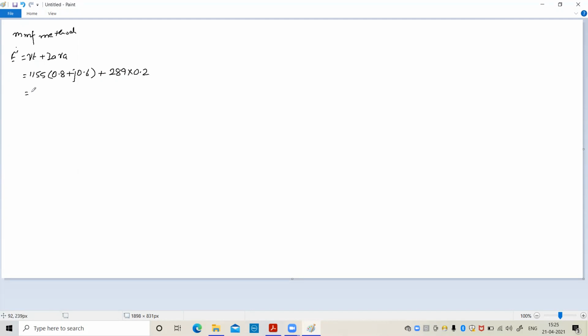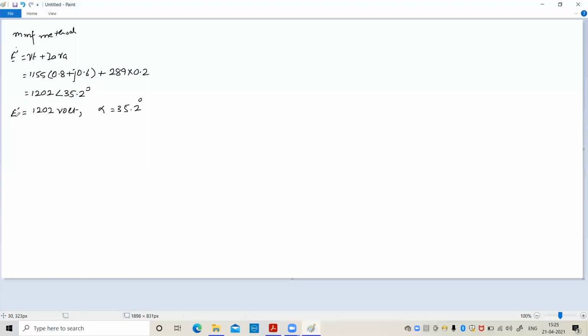So its magnitude and phase angle is 1202 volt at an angle of 35.2 degree. It means that the magnitude of E dash is equal to 1202 volt, and angle alpha is equal to 35.2 degree.